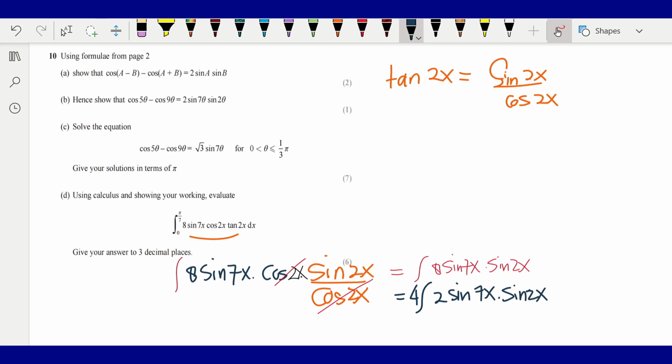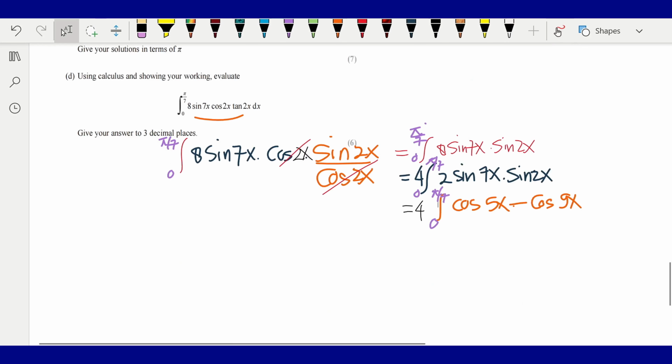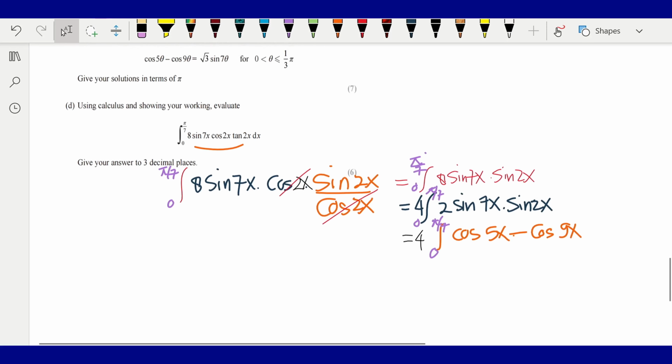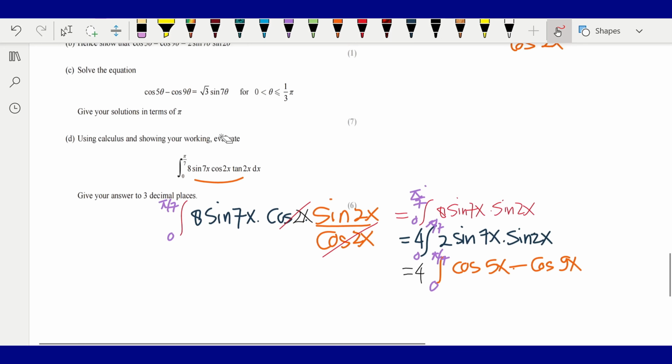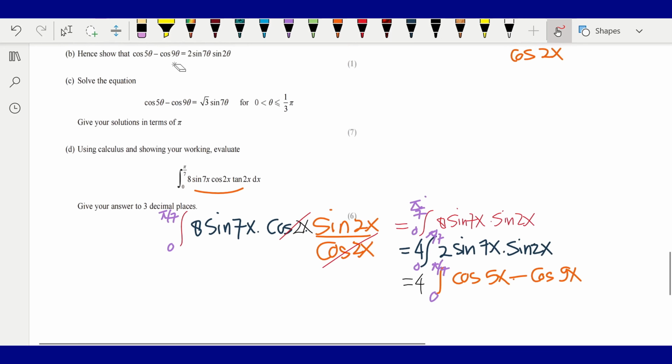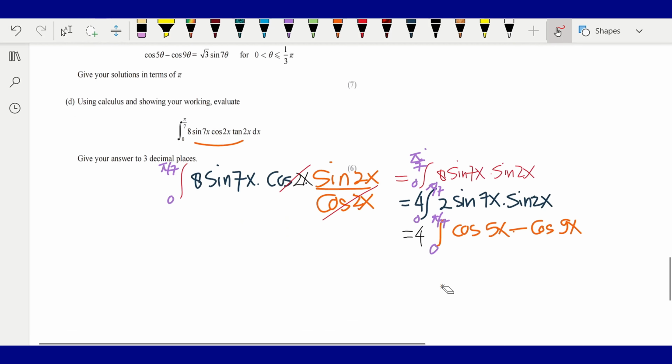Now we see that we already have the same expression here, so we can substitute this with the left side, that is cos 5x minus cos 9x. Now we substitute this right-hand side, 2 sine 7x sine 2x, with cos 5x minus cos 9x. Then we do the integration.